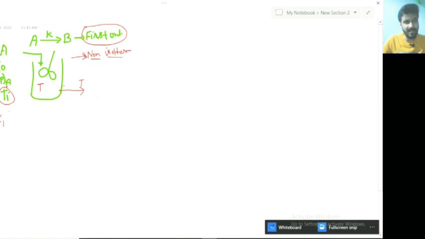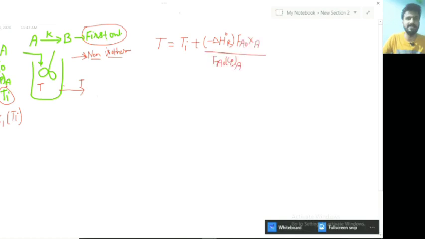Now if you see the energy balance, I have already calculated in my previous lecture T, the outlet temperature of the reactor or the temperature inside the reactor, T is equal to Ti, that is the inlet temperature, plus minus of delta H naught of R, Fa naught Xa upon Fa naught and Cp of it.